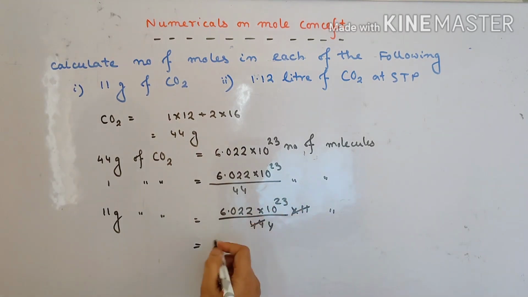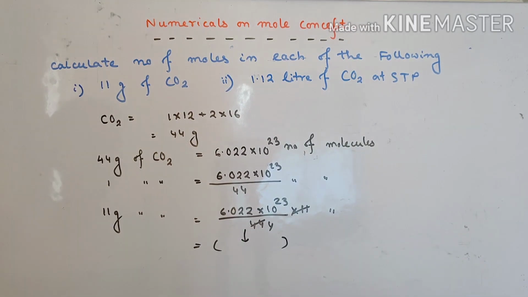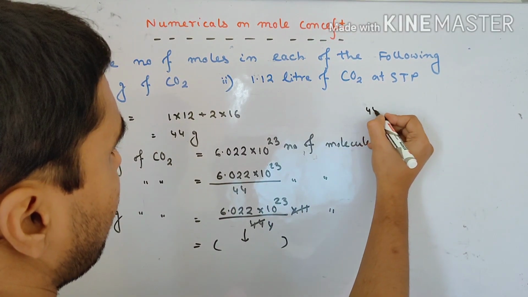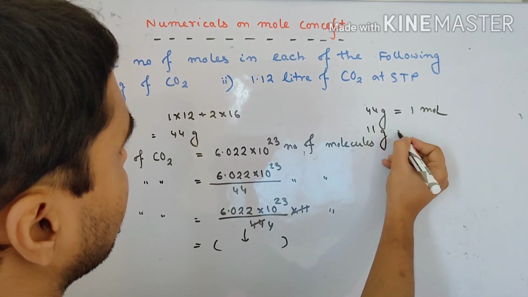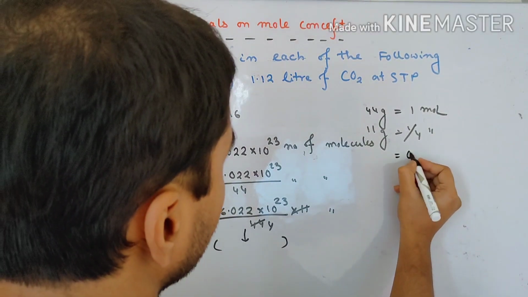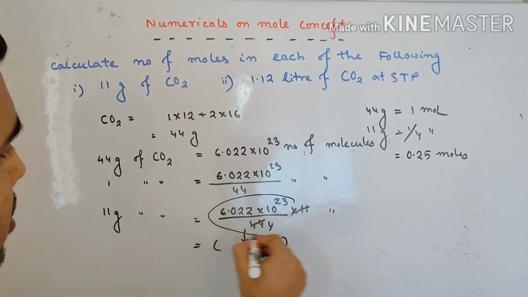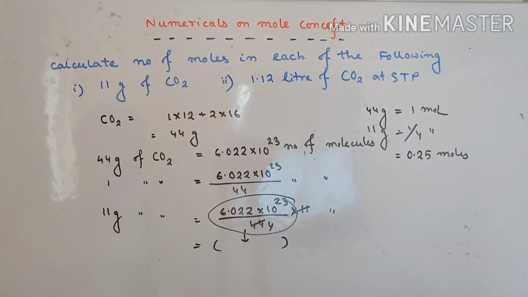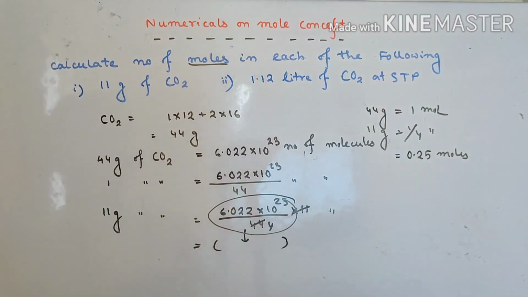If we are calculating the number of molecules, this value will give you that. If you are talking about moles, 44 gram is equal to 1 mole, so 11 gram should be 1 by 4, that is 0.25 moles. Here the question is moles, so I am not calculating the rest; you can do it easily. Next is about the volume.